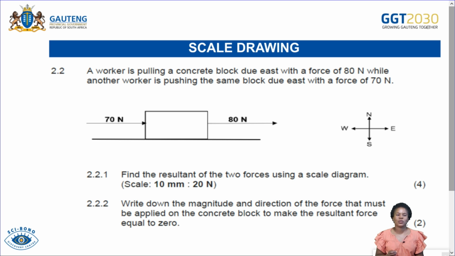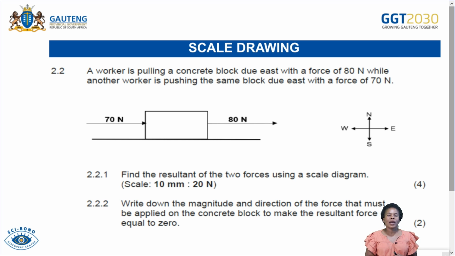Of 70 newtons. Now 2.2.1 gives us a scale again. That means we need to use the scale. Find the resultant of the two forces using the scale diagram.